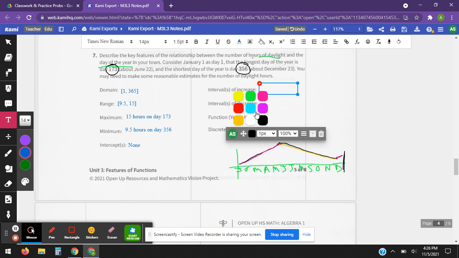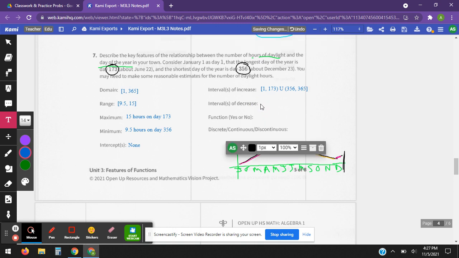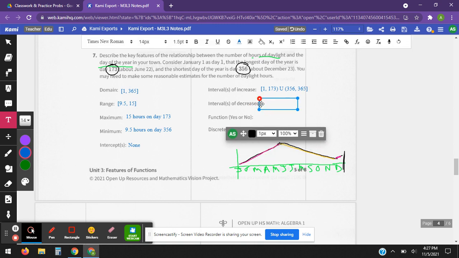So we have from 1, and that is inclusive, to 173, and that is not inclusive. And we jump back up again at 356 to 365. So that one would be inclusive at the end of the year. So then decrease is that little chunk in the middle, from 173 to 356. And neither of those are included.